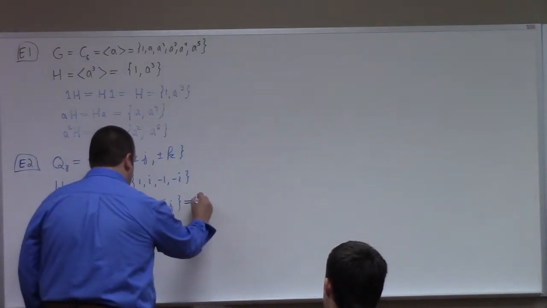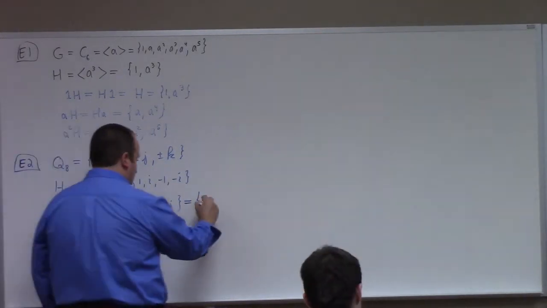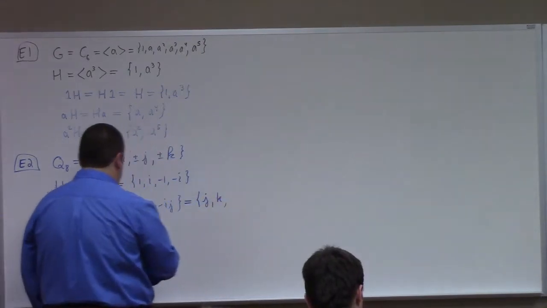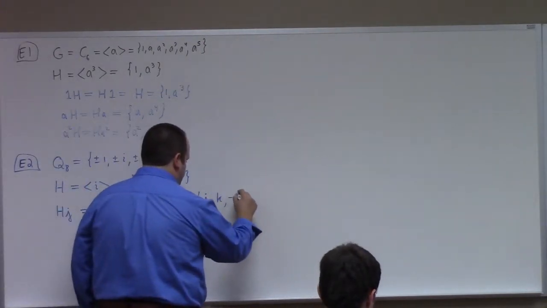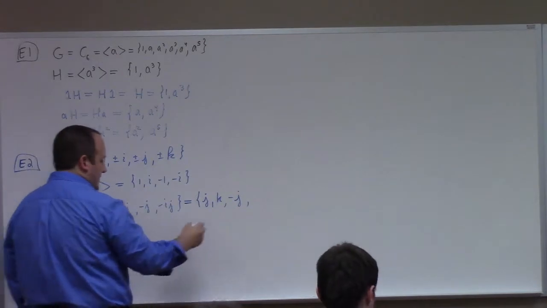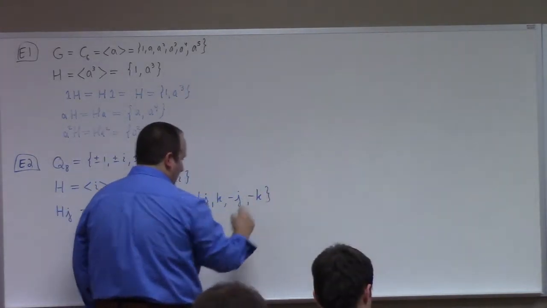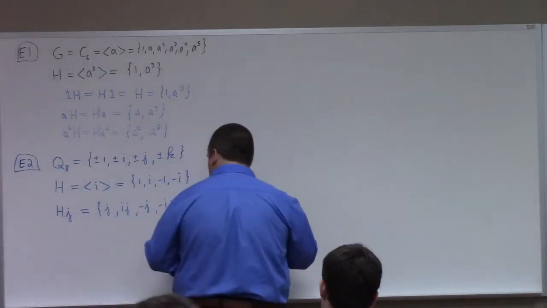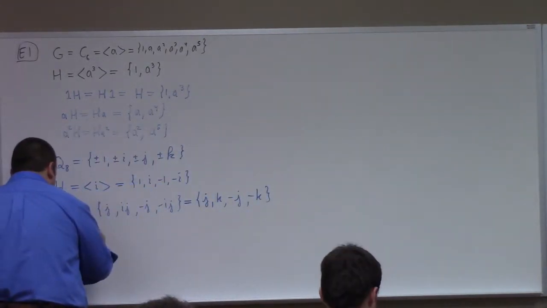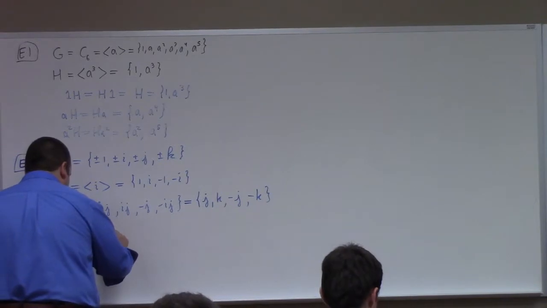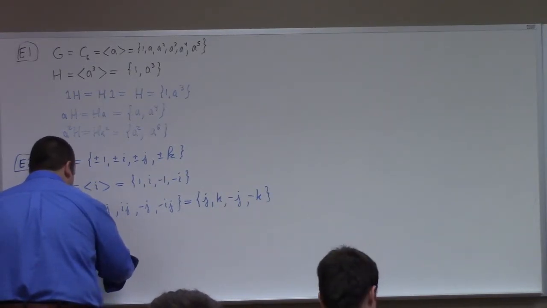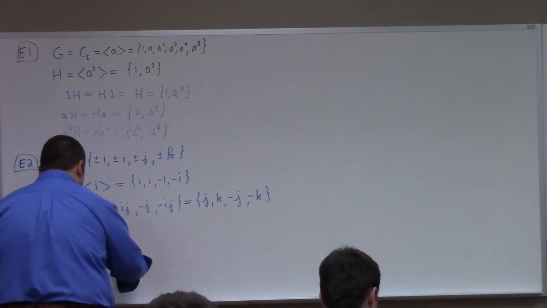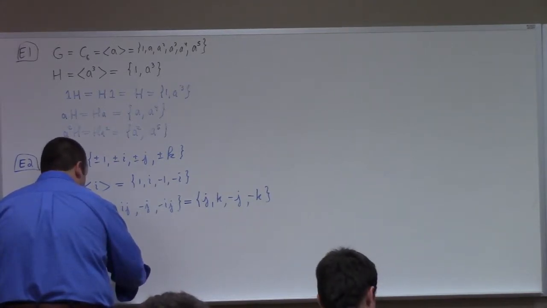This is equal to j, k, minus j, which is already simple, and minus ij, that's minus k. You can likewise, and I'll leave this as an exercise for you guys, show that in fact this is equal to Hk, and it's equal to H minus j, and it's equal to H minus k.